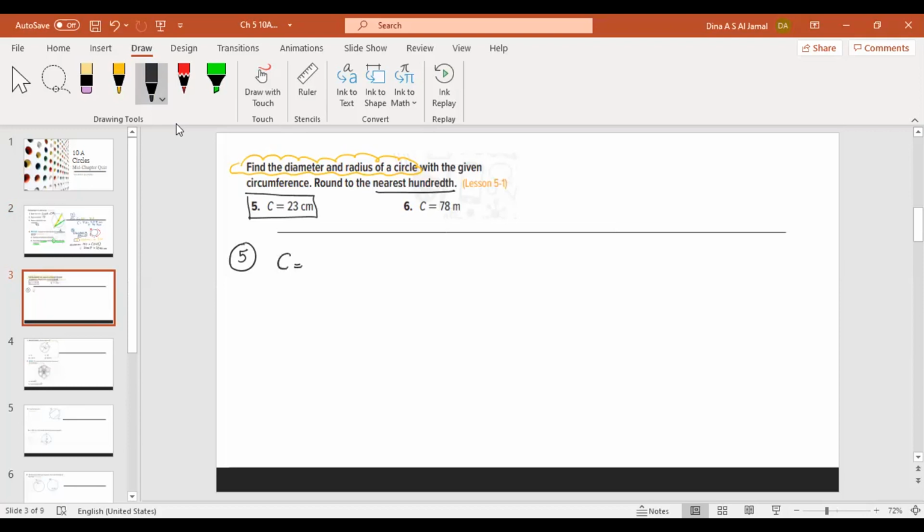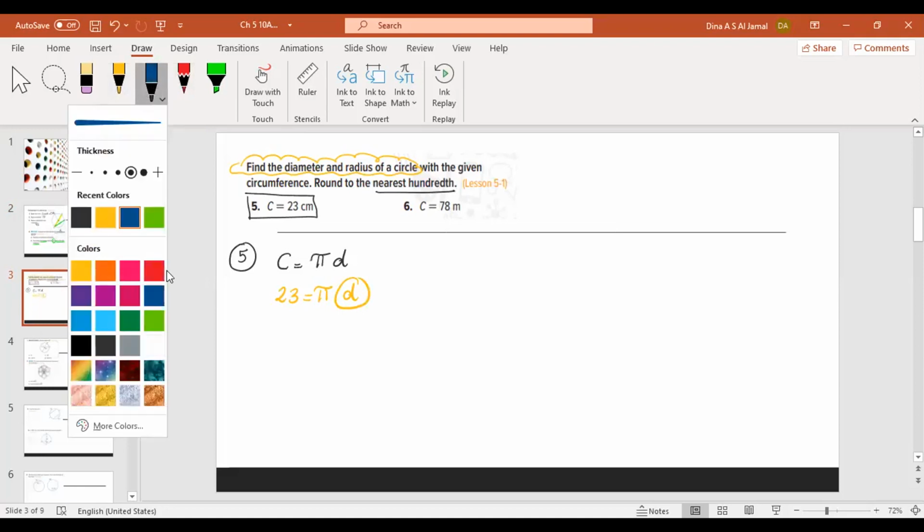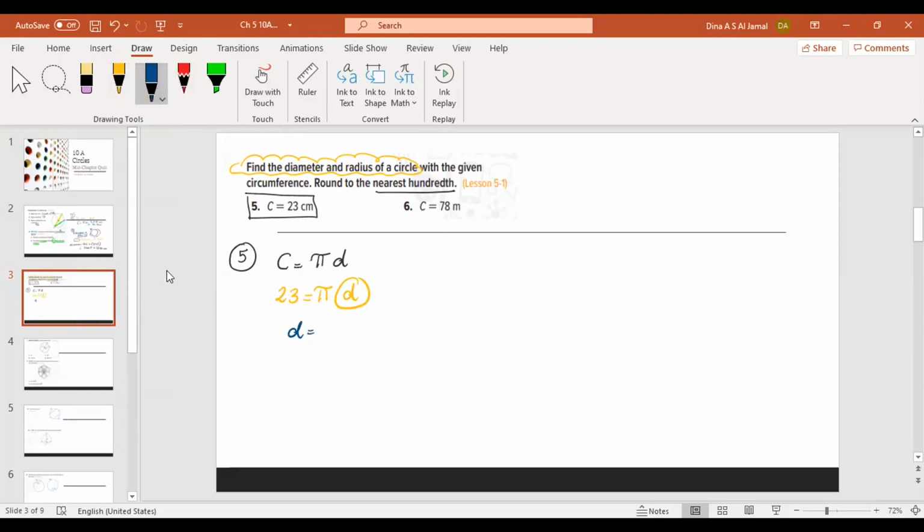The circumference is pi d. That means we can substitute 23 equals pi d. The unknown is the diameter. So for your diameter, you divide both sides by pi. So it will be 23 over pi.